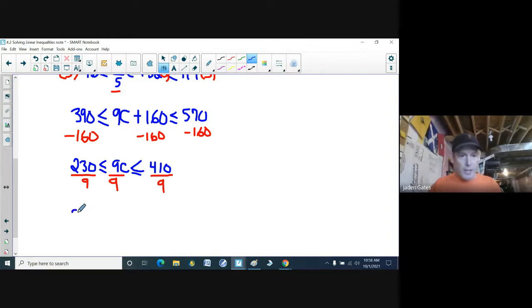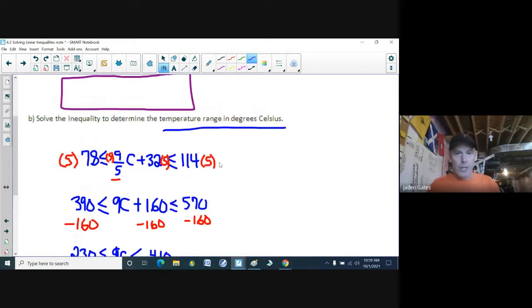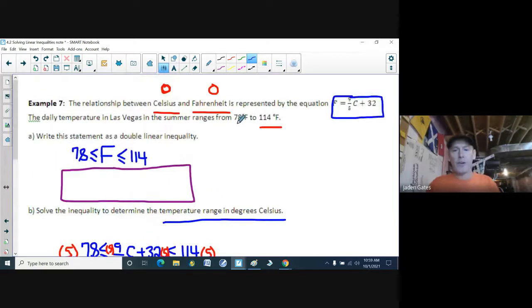So the low end is 25.56 to 2 decimal places, less than or equal to C, because those 9s divide each other out, which is less than or equal to 410 divided by 9. And I get 45.56 degrees Celsius.